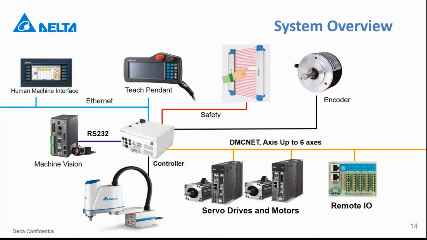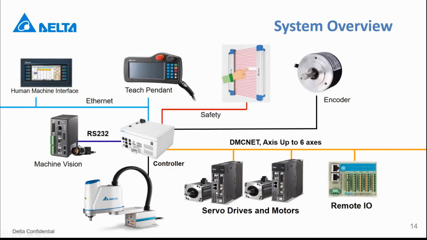And next is the DMC-NAT protocol. DMC-NAT is our Delta proprietary protocol. Only Delta products support this protocol. So for the robot controller, usually we can connect two different products. One is servo drives and motors. So we can use a robot controller to control external axes, up to 6 axes.